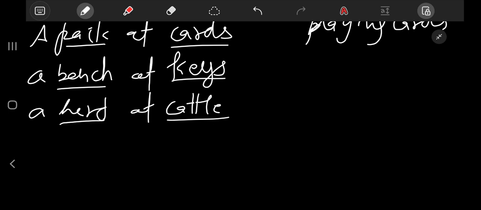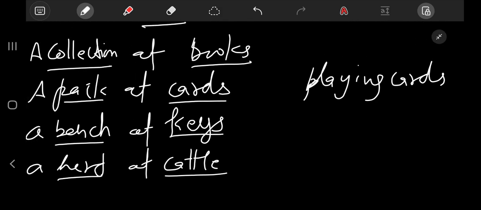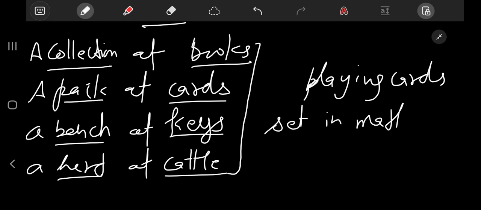A herd of cattle, a bunch of keys, a pack of cards, and so on. There are so many types of words for many types of groups of objects. Okay, so in mathematics we call these a set. In maths these all are a set.